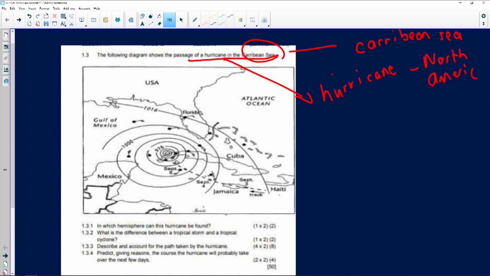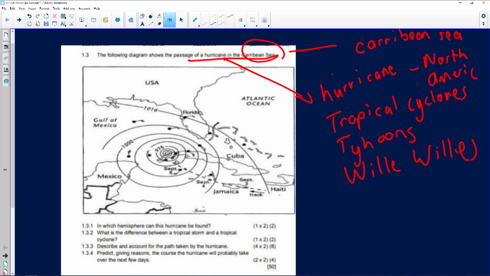Us in South Africa, below the equator in the Indian Ocean, we refer to them as tropical cyclones. Asian countries refer to them as typhoons. And lastly, Australia, always different, willy-willies. So this is the name for tropical cyclone.